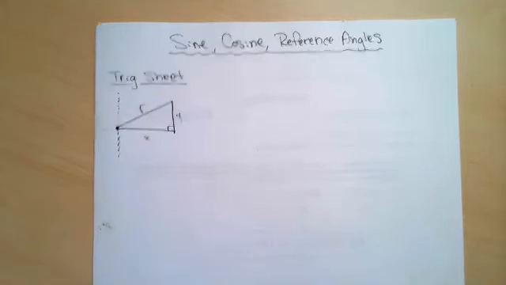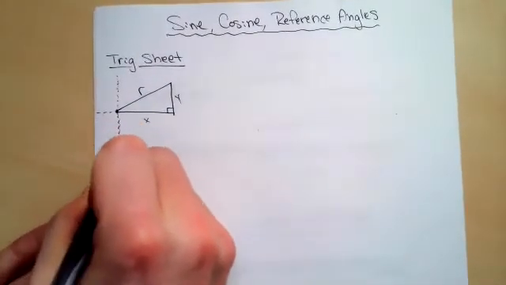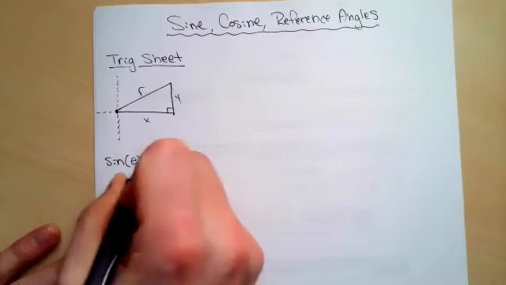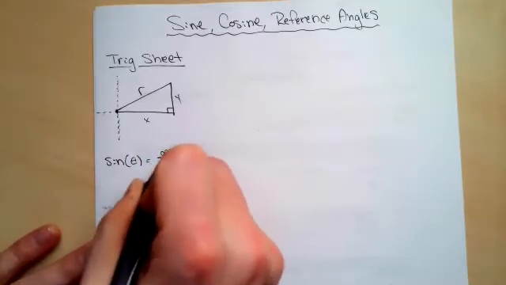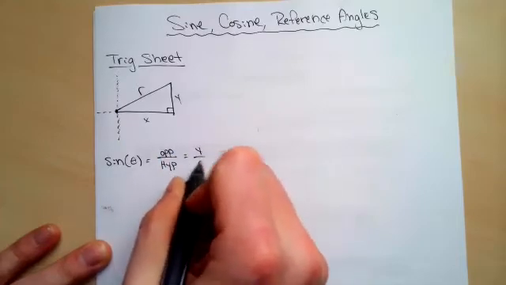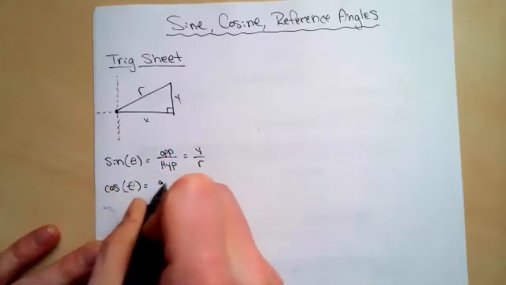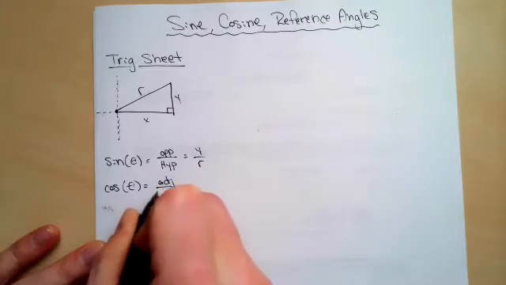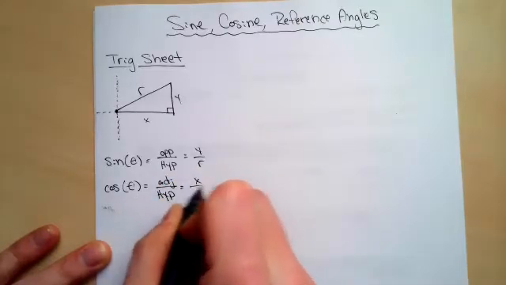And what should go on our trig sheet right now? So what do we know? We introduce our sine and cosine. So sine is opposite over the hypotenuse, which is going to give me y over r. Cosine is adjacent over hypotenuse, so that'll be x over r.